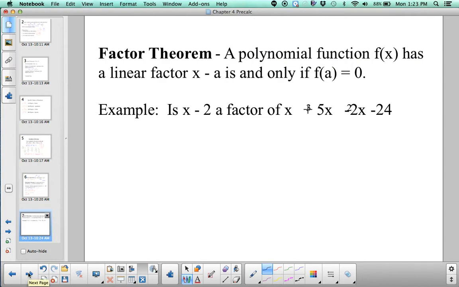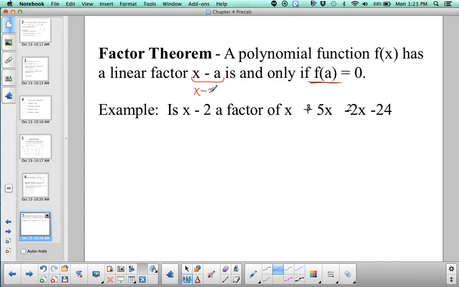And now let's talk about the factor theorem. A polynomial function f of x has a linear factor x minus a if and only if f of a is 0. So the f of a, this piece here, f of a is equal to 0 is coming from here.